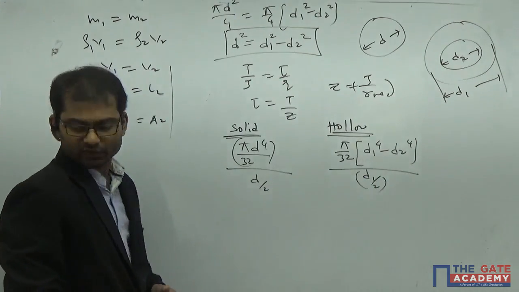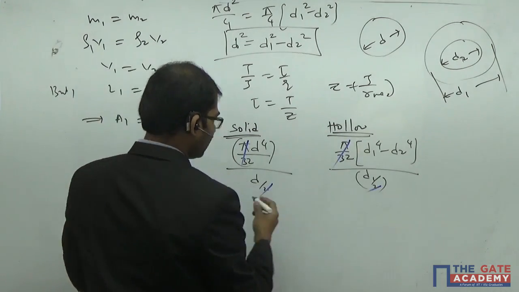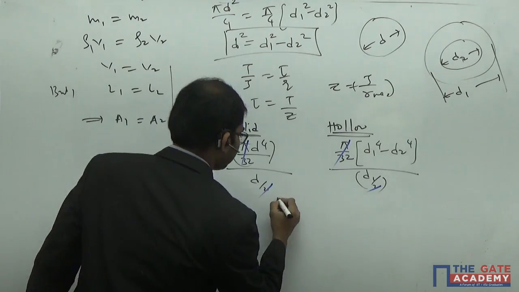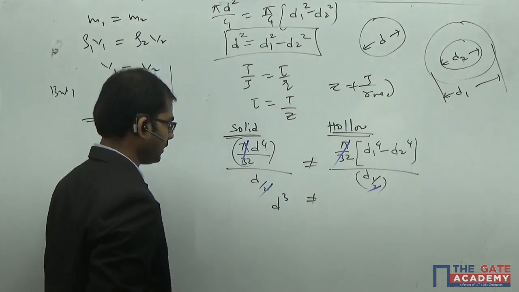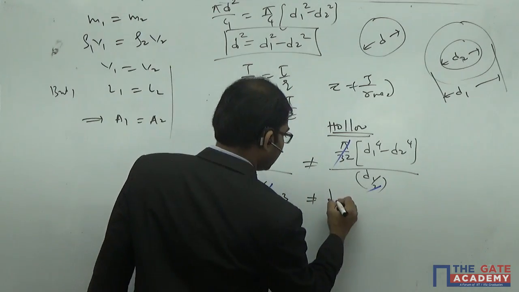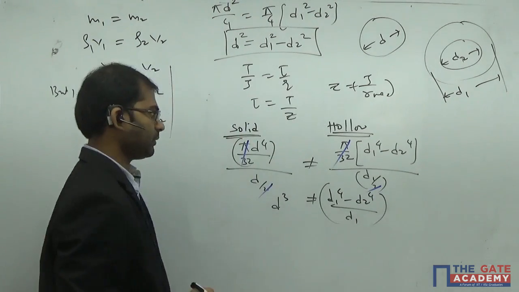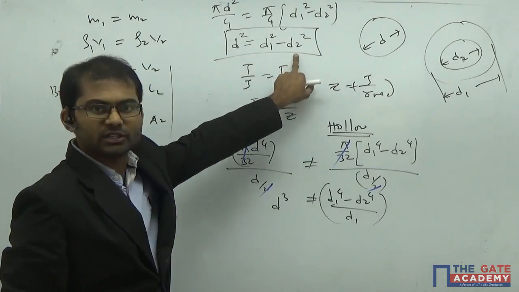If we simplify this one, we can remove pi by 32 and the 2. So finally we are going to get the relation, I am doing the comparison here, so I am putting not equal to: d cubed is not equal to d1 to the power 4 minus d2 to the power 4, by d1. In this one, d square is equal to d1 square minus d2 square.